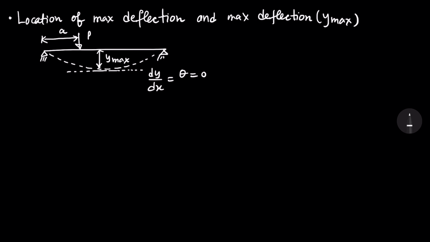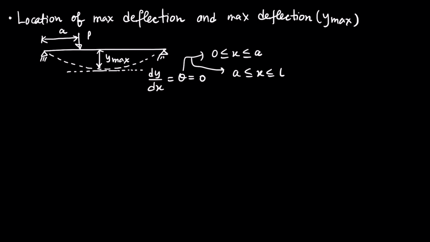At that point y is maximum. So we have two formulas of theta, at x equal to 0 to a and x equal to a to L. Now which formula shall we use? We can use any formula, equate it equal to 0, we will get the required answer.